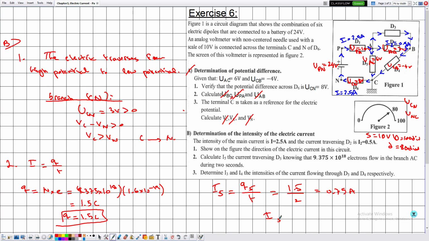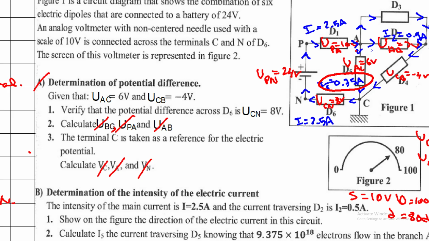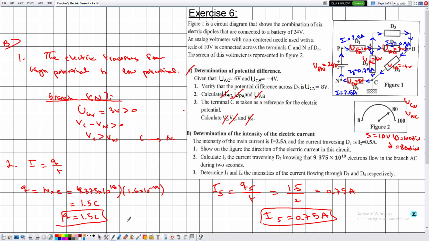Then the value of I5 is equal to 0.75 amperes. And now after we have determined the value of I5, let's label it on the electric circuit. So here this is 0.75 amperes, which is I5.